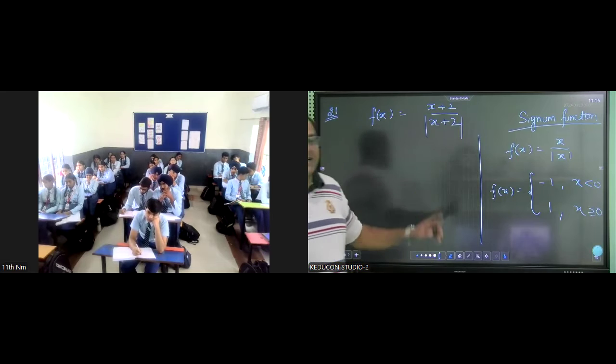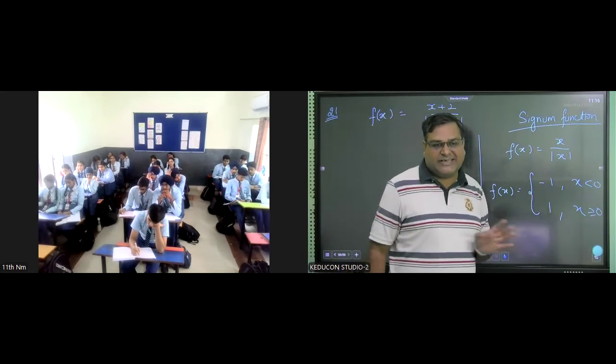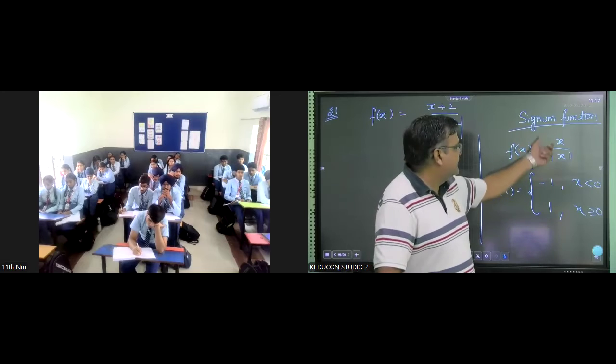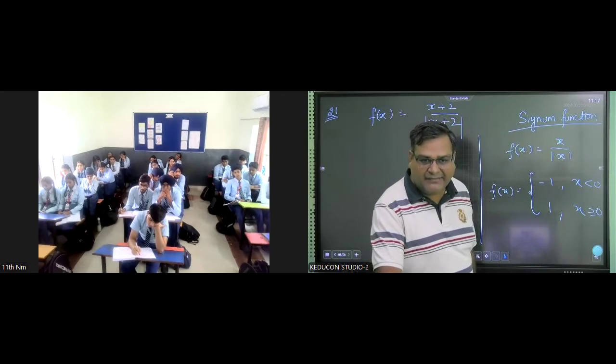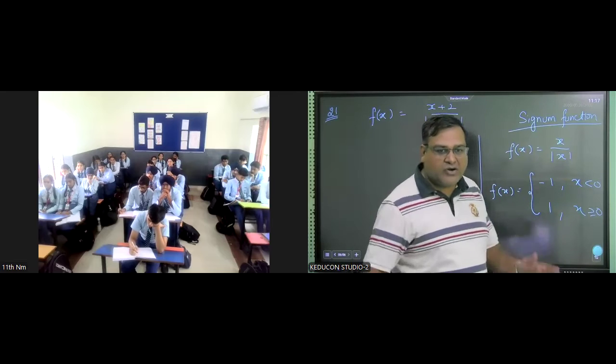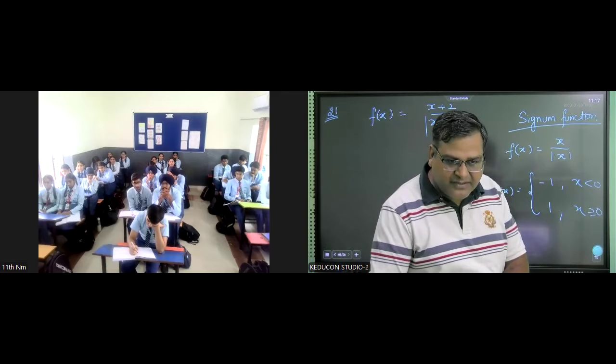How does this result come? If the value of x is less than 0, means x is negative. Suppose the value of x is minus 5. In the numerator it will be negative 5. What will become in the denominator? Positive 5. Mod of minus 5 will become positive 5. Yes or no?